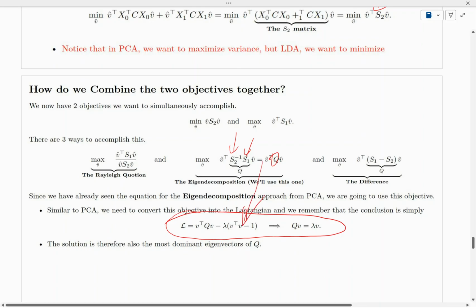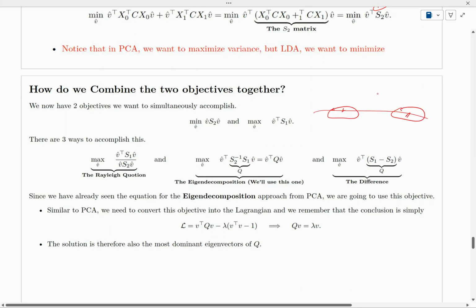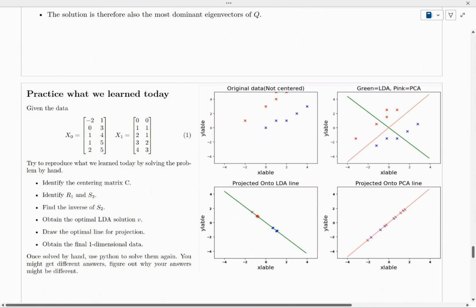It's just the eigenvectors, and that's it. That is how LDA works. You will find a vector for projection such that you will essentially maintain the cluster structure while pushing the centers as far apart from each other as possible. Okay, I think that's it for today.